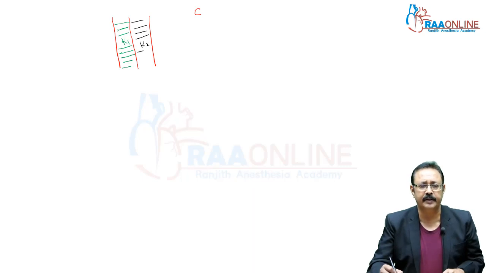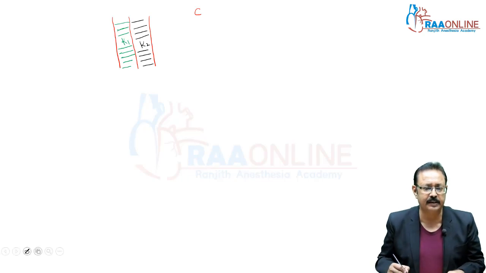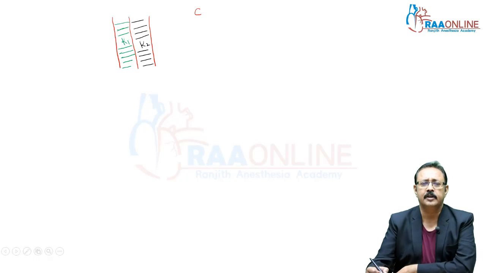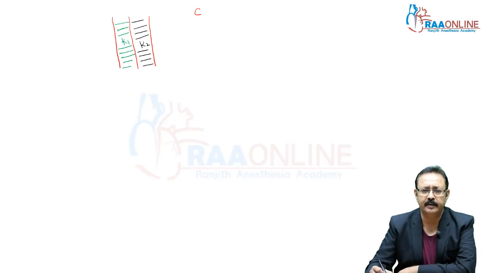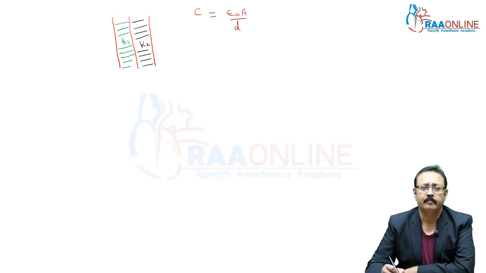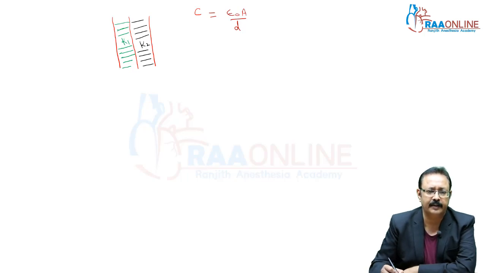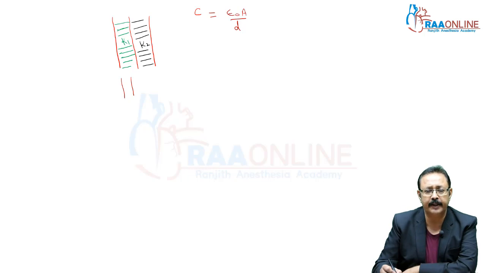What is the new capacity of this capacitor? Suppose the area of the plate initially was A and the distance between the plates was D. Now your system will behave like two capacitors like this. The second plate of the first capacitor is working as the first plate of the second capacitor, meaning we can connect them.